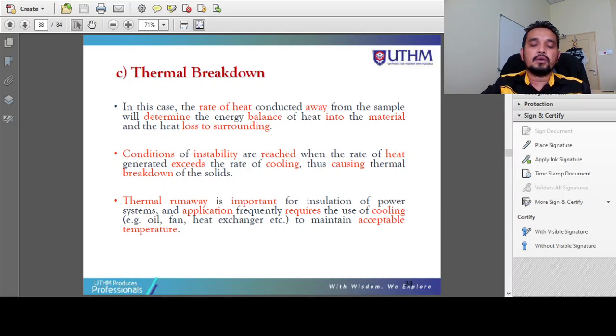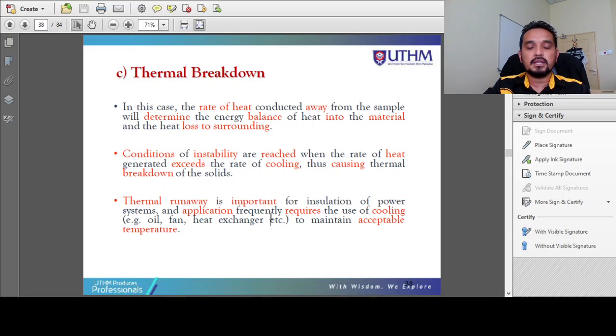The condition becomes unstable when the heat generated exceeds the rate of cooling. This will cause thermal breakdown, due to the imbalance in the energy balance between the heat generated and heat losses to the surroundings. That is what we call thermal runaway.